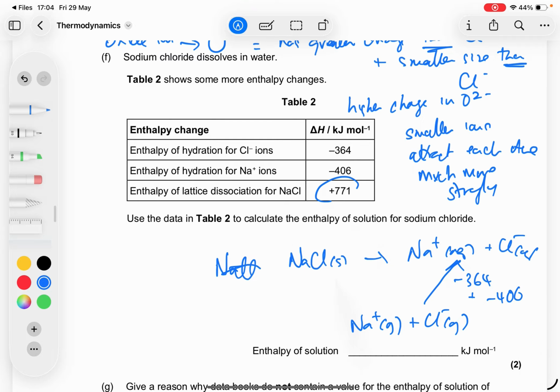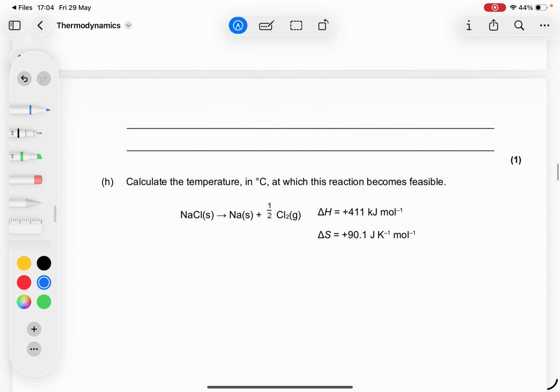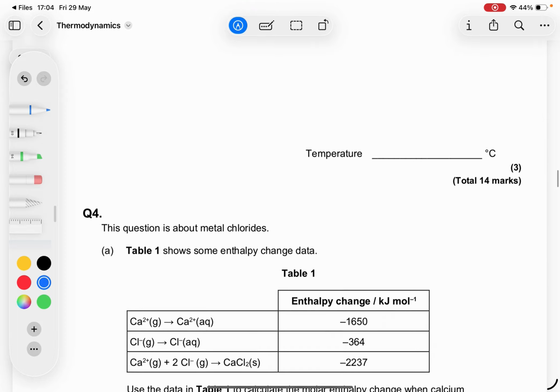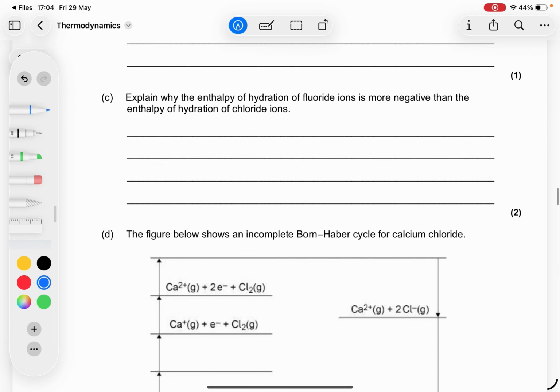This time my arrow is going to go down, plus 771. There's X. So X equals 771 minus 364 minus 406. And that's how you would work this out. And that's basically how you would calculate the enthalpy of solution.